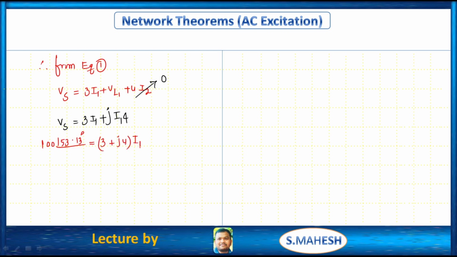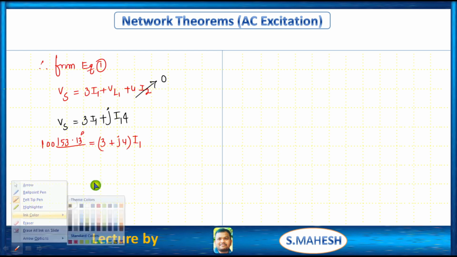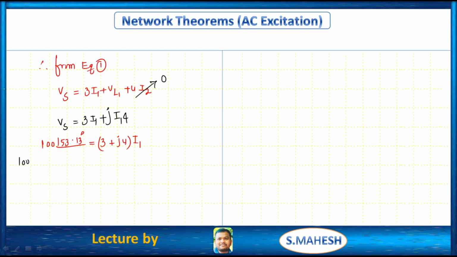100 at an angle 53.13 means you can write 100 (cos 53.13 plus j sin 53.13), which equals (3 plus j4) into I1.